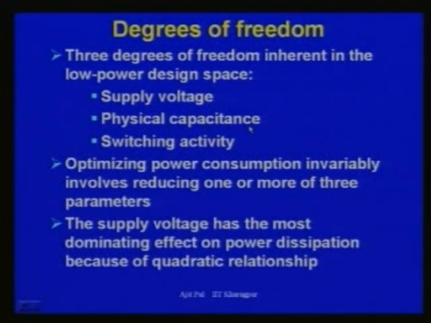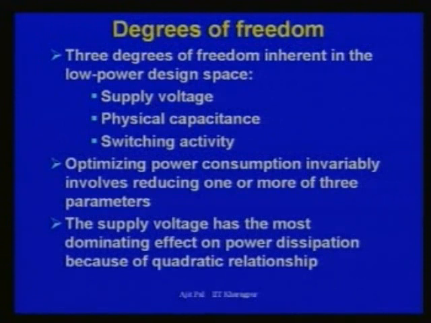Then comes the physical capacitance. We have seen the dynamic power dissipation is proportional to the switching capacitance, physical capacitance, and also it is proportional to the switching activity. That means whenever we say optimizing power consumption, that will invariably involve reducing one of these parameters.